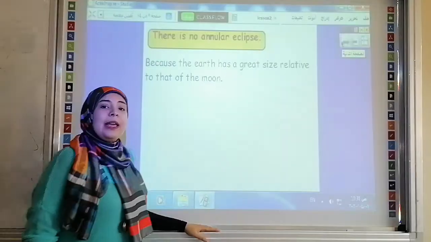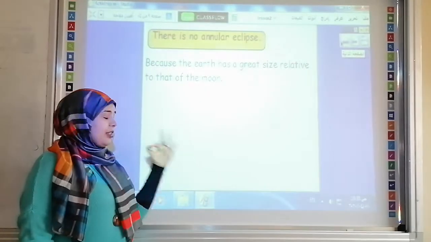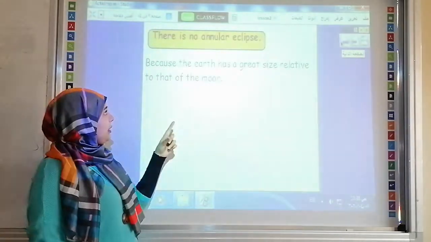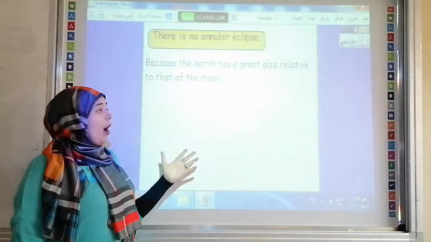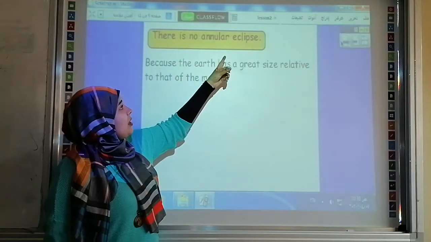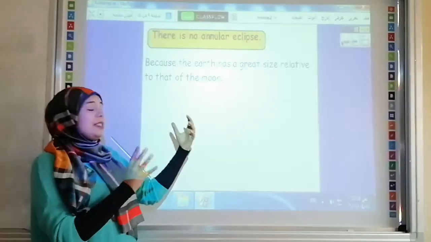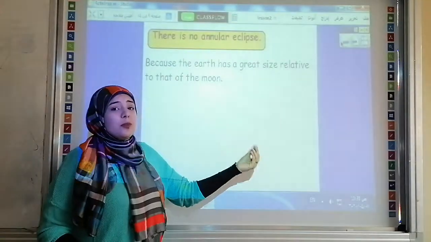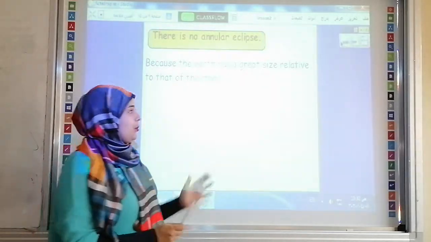And now, in solar eclipse there were three types, but in lunar eclipse we have two types. Why is there no annular lunar eclipse? Because the size of the Earth is bigger than the size of the moon.